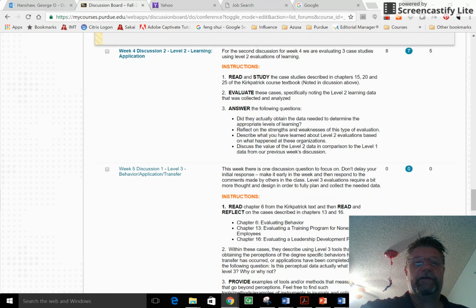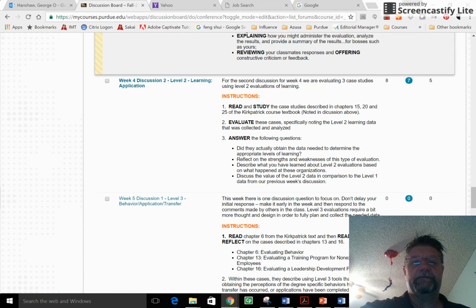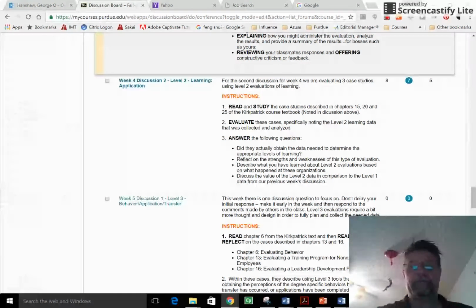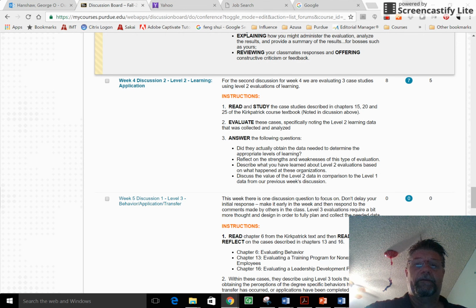And then week 4, the learning application. We're going to look at the case studies, and they are actual case studies. I think everybody's read them by now. The key here, for me, is the first and last question again: did they actually obtain the data needed to determine appropriate levels of learning?